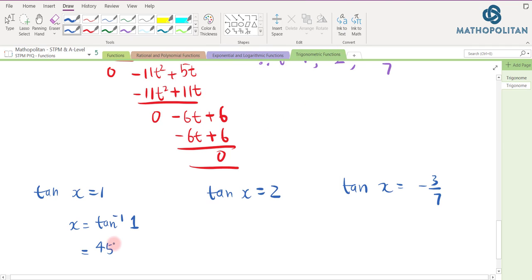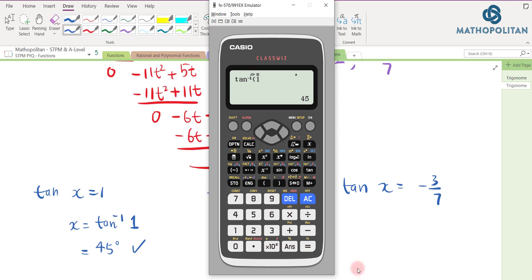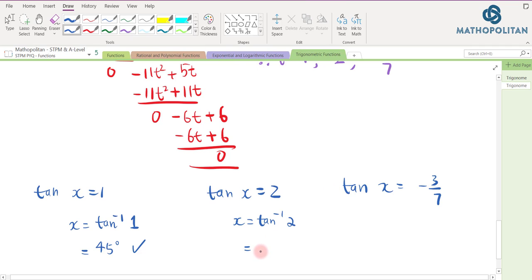This is between 0 to 180, so this is an acceptable answer. Then for tangent x equals 2, x is equal to the inverse tangent of 2. I'll just press delete and change this to 2. So that's 63.4 degrees, to 1 decimal place. Again, this is between 0 to 180, so that is an acceptable answer.